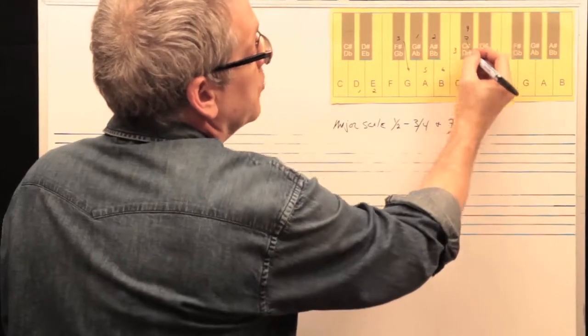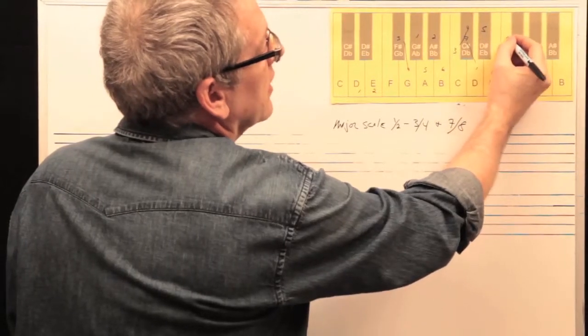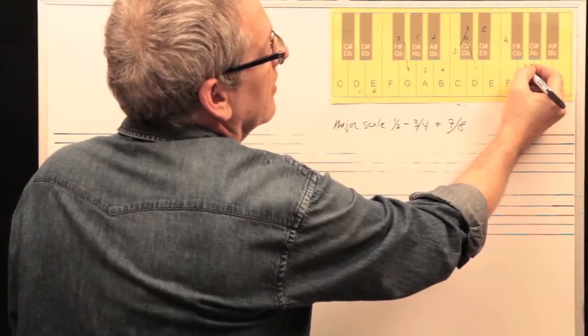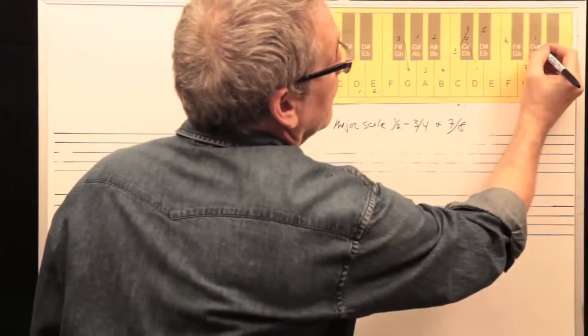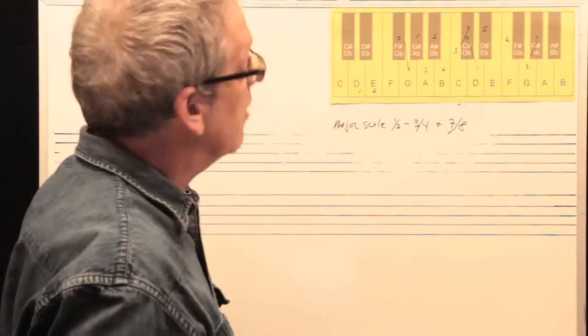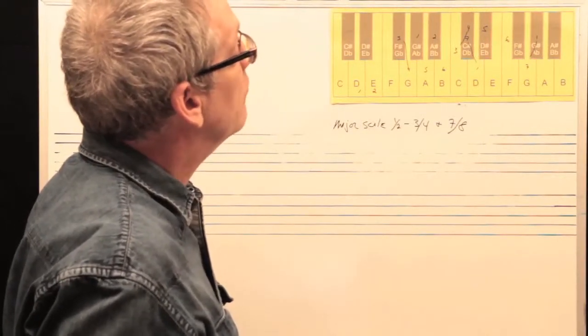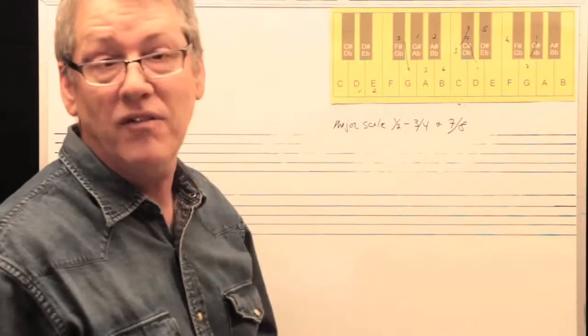Here's your half step between 3 and 4. Then 5 whole step, 6, 7, and 1 again. Here's your half step, A flat, B flat. So there you go: 1, 2, 3, 4, 5, 6, 7, 1. And there you have it.